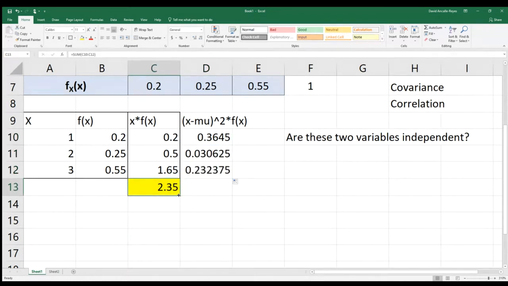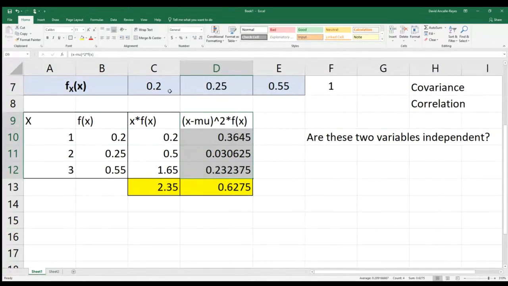If we add these values up, that will give us the variance, which in this case I'm getting 0.6275. So that is my variance, 0.6275.